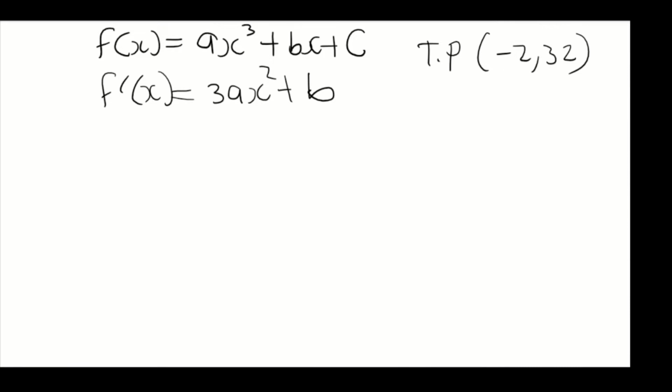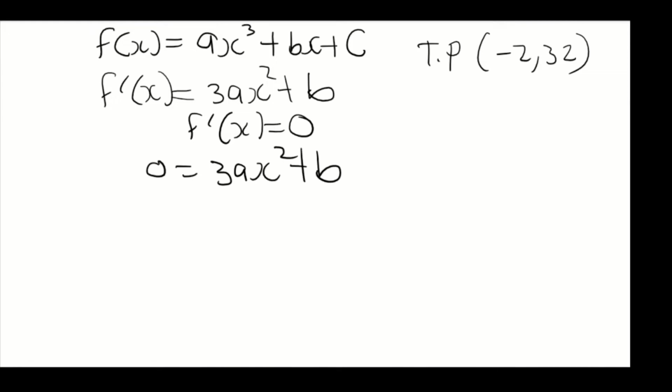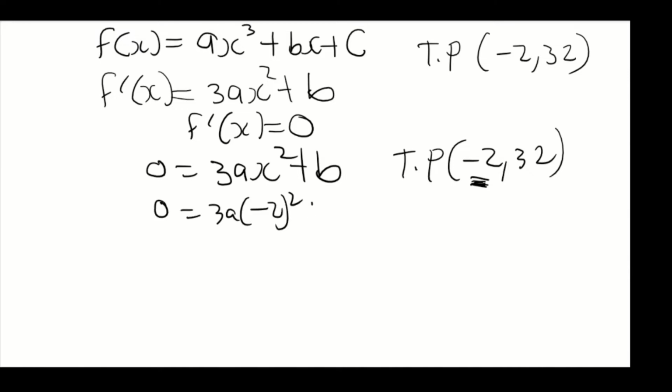Then from here, we have the derivative. So we're going to equate the derivative to 0. So 0 is equal to 3ax squared plus b. And then we use the turning point, which is (-2, 32). So we substitute the x value of the turning point, which is -2. So 0 is equal to 3a into (-2) all squared plus b.